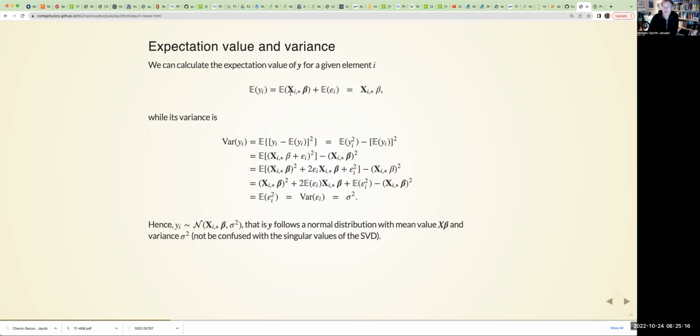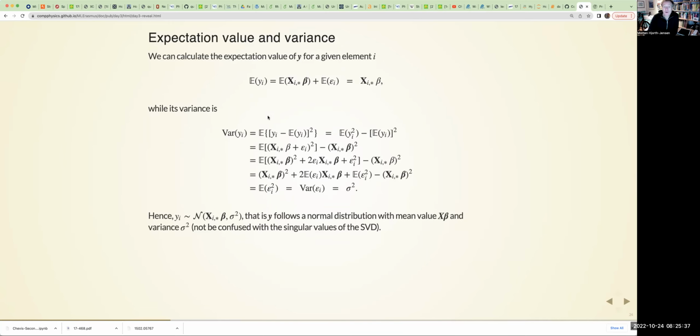And then since x_i, the specific row of the design matrix, multiplied with the column vector here gives as a result just a scalar, which is this quantity you see here, just a number. And then we have the expectation value of the epsilon i's, its mean value, which is just set to 0.